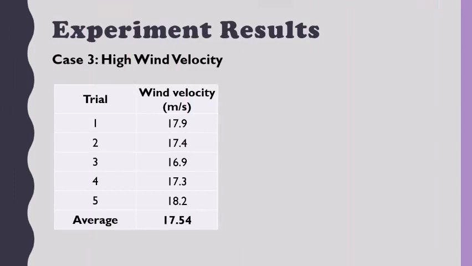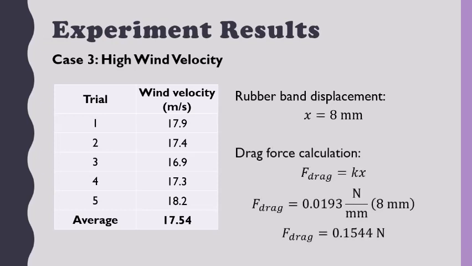And finally, for the third case, which is the high wind velocity, the average wind velocity is 17.54 meters per second, and the rubber band displacement is 8 millimeters. So the drag force is found to be 0.1544 Newton.